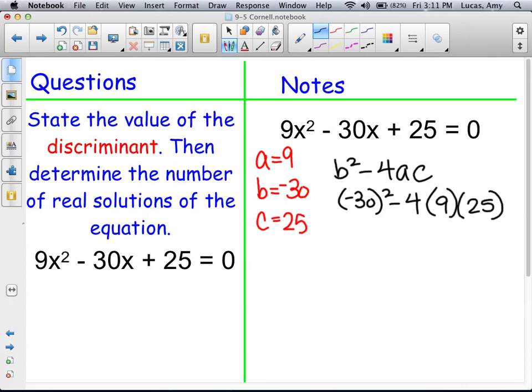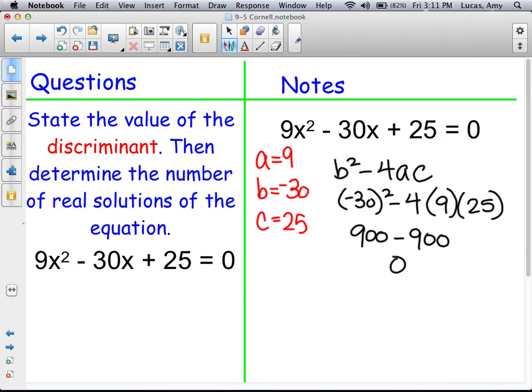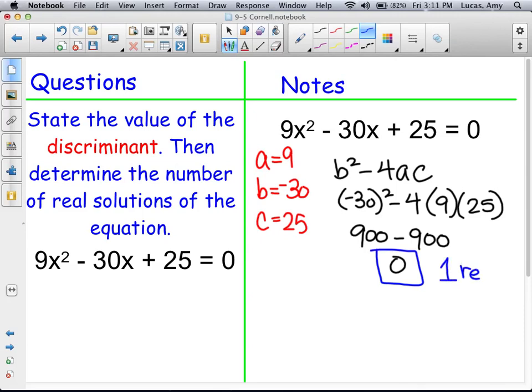The order of operations, exponent first, negative 30 squared is 900. And then if we multiply negative 4 times 9 times 25, we get negative 900. So 900 minus 900 is 0. The value of our discriminant is 0, which means that there's one real solution.